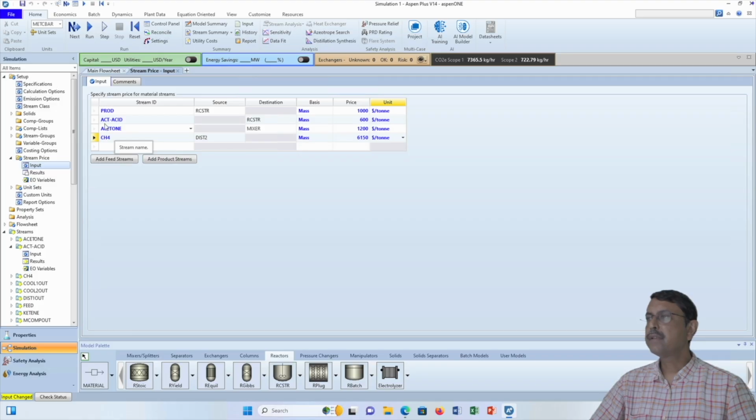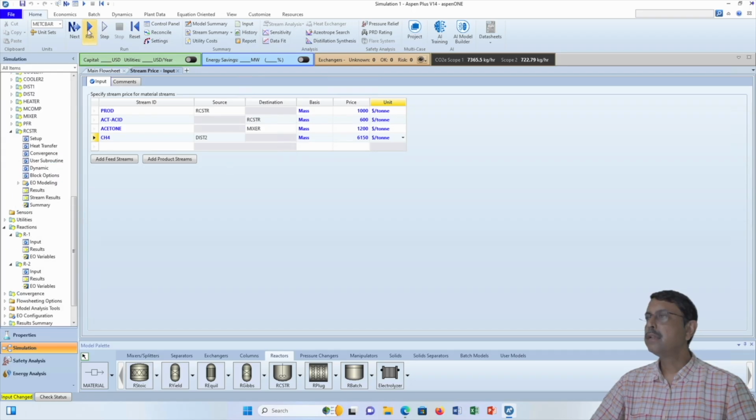As we have discussed, acetic acid and acetone, we have to spend money on purchasing them, while the product and methane we can sell. And you can run.